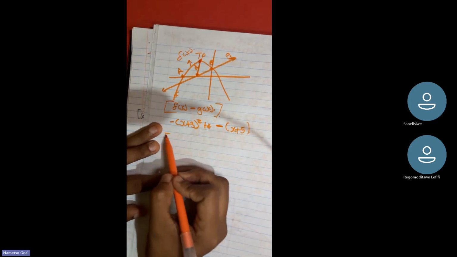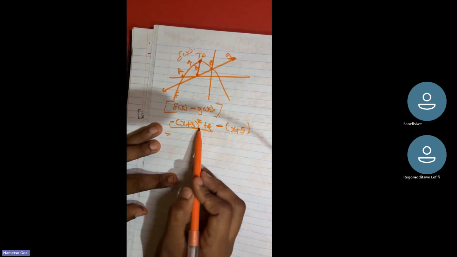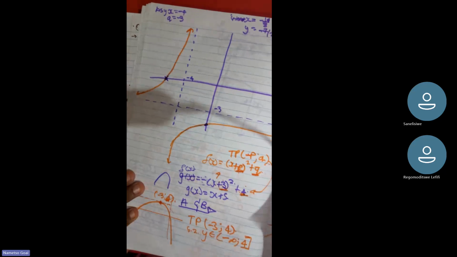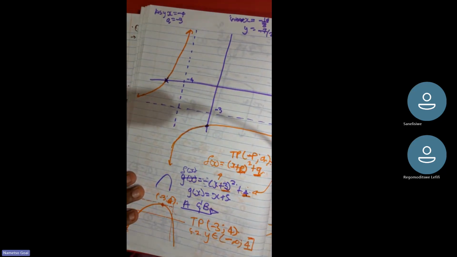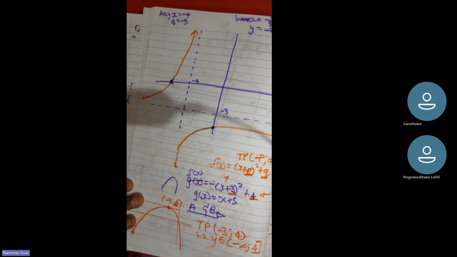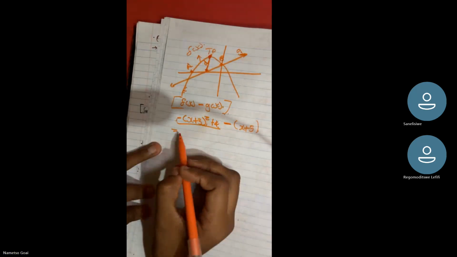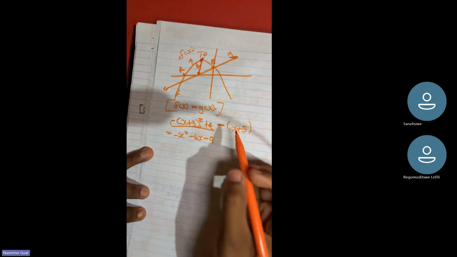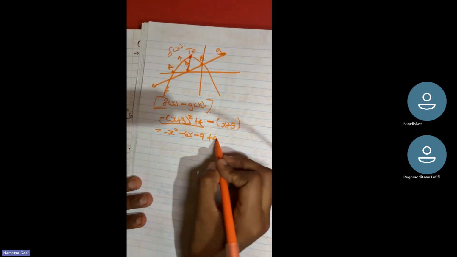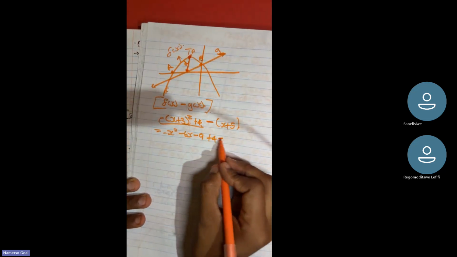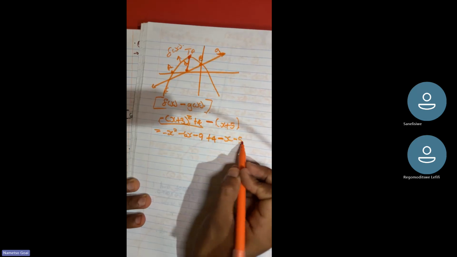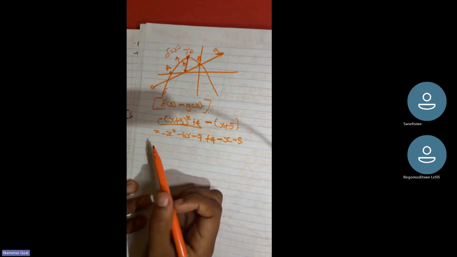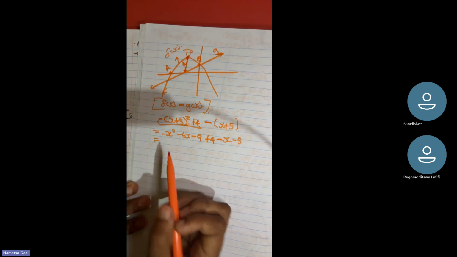Remember, we worked this out to be negative X squared minus 6X minus 9, then we're going to have a plus 4. Now with this, it's going to be minus X minus 5, because we're trying to find the maximum distance.